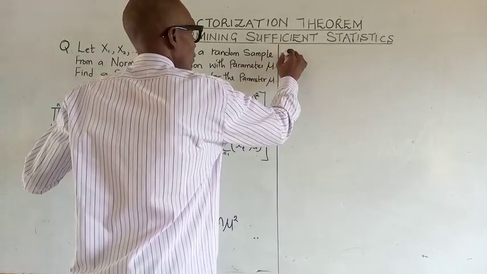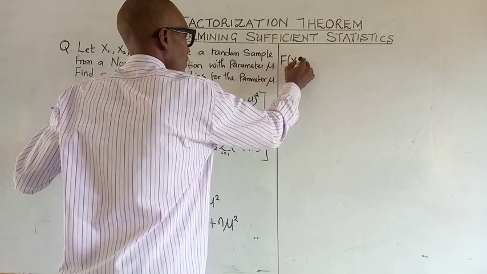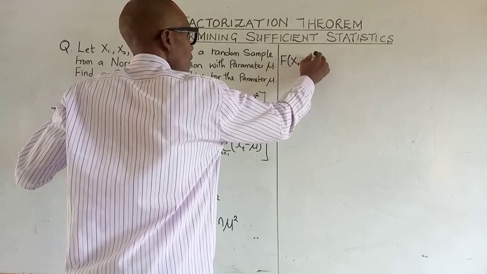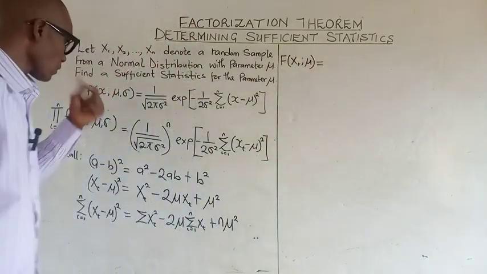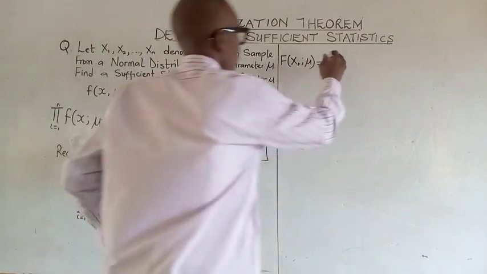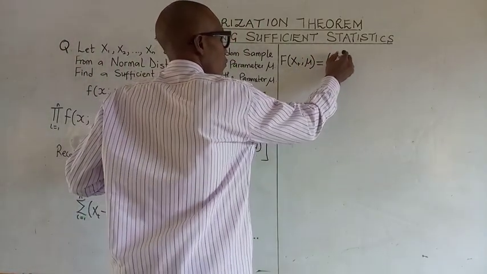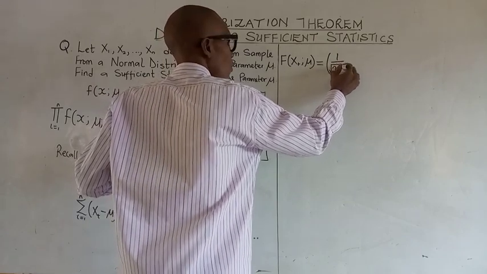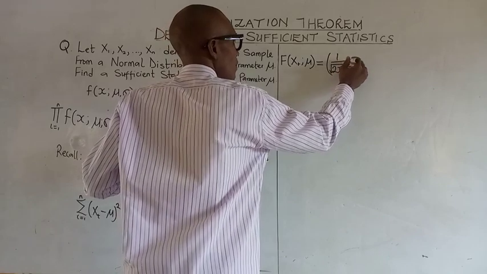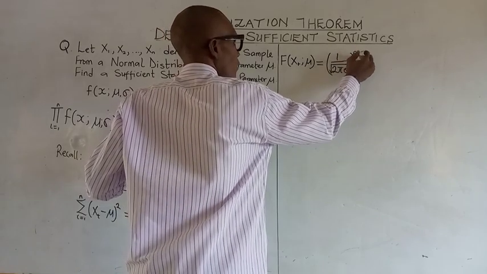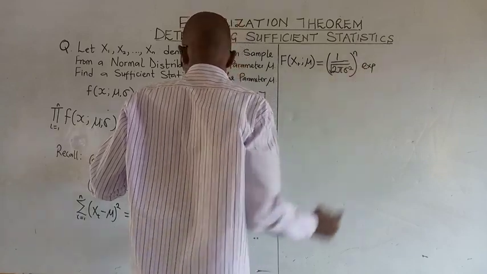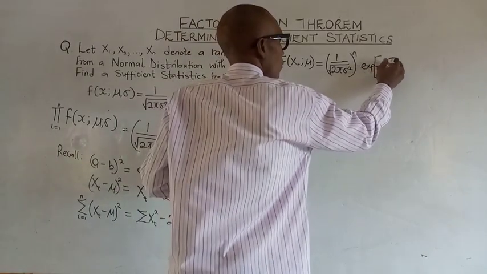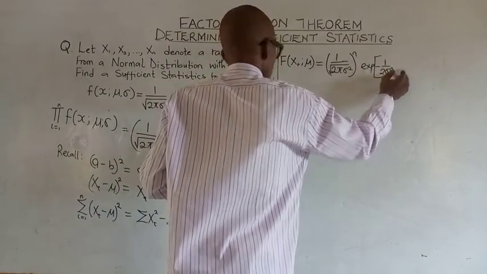That means our function f, which we reduce this time because of space, with parameter mu, will be equal to 1 over square root of 2 pi sigma squared all to the power n, exponential 1 all over 2 sigma squared.